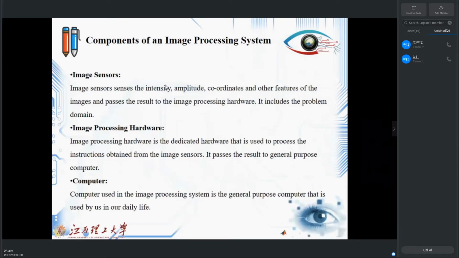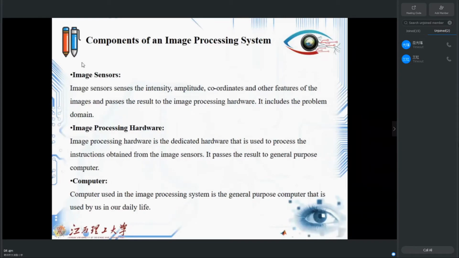It includes the problem domain. The other part is image processing hardware, which is dedicated hardware used to process the instructions obtained from the image sensor, and it passes the result to the general purpose computer.